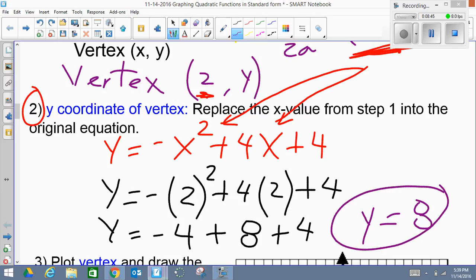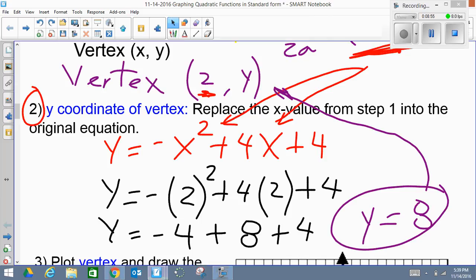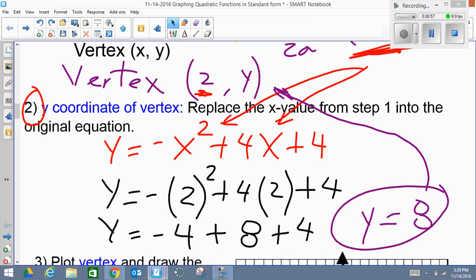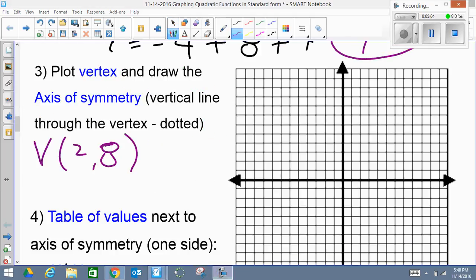So what I just found is the y coordinate of the vertex. So that means my vertex is going to be 2, comma, 8. So I have my vertex, which is 2, comma, 8.